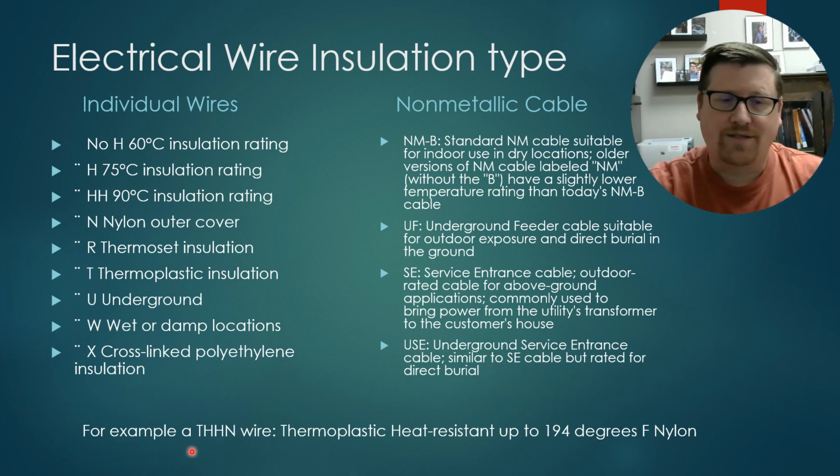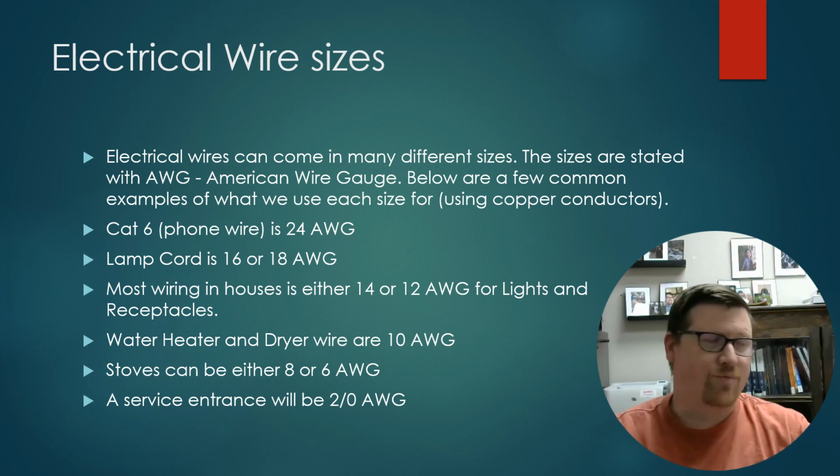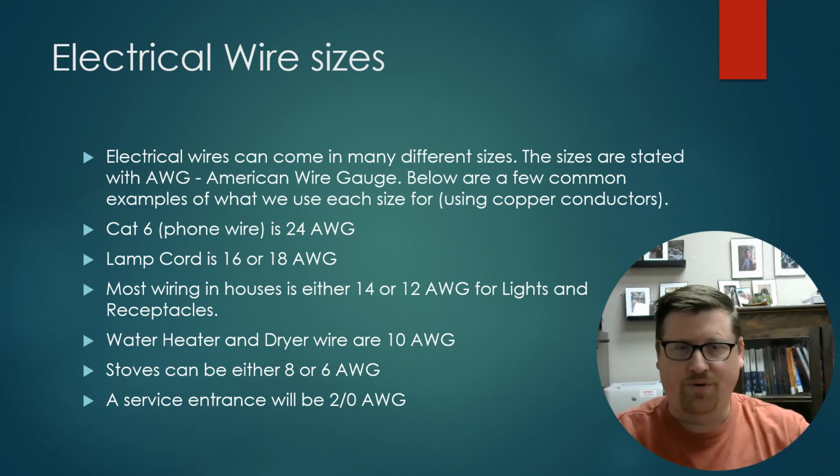And so as I said, we've got the example of the THHN wire. It's thermoplastic, heat resistant, up to 90 degrees Celsius or 194 degrees Fahrenheit. Has a nylon outer covering. Electrical wire can be bought in a bunch of different sizes, right? We can get it from what we call Cat 6, right, which is 24 AWG, up to service entrances, which are 2/0 AWG.